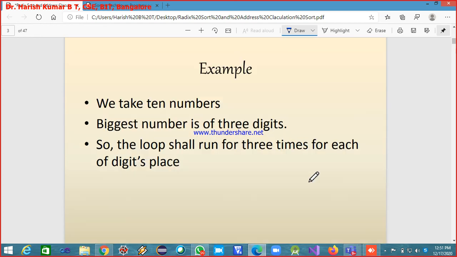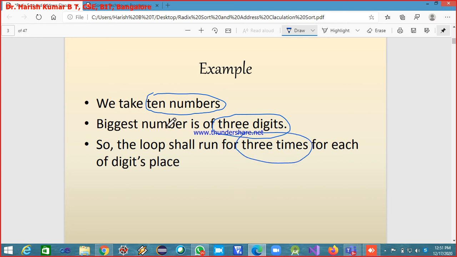Okay, next. Now we take an example. We take 10 numbers, and in these 10 numbers the biggest number is of 3 digits. That means it has ones place, tens place, and hundreds place. The third digit is at the 100s place. So the loop shall run for how many times? 3 times.